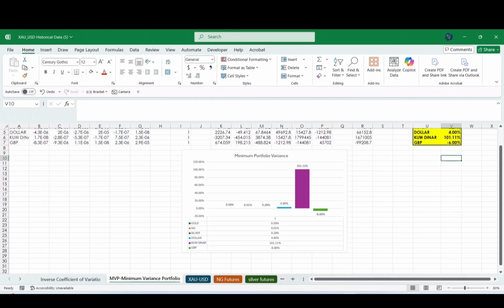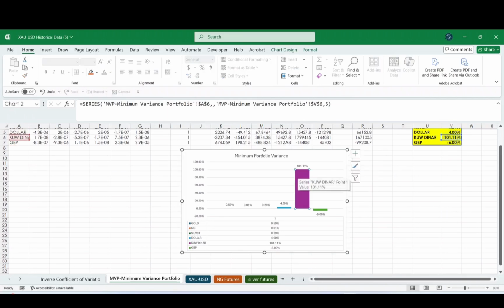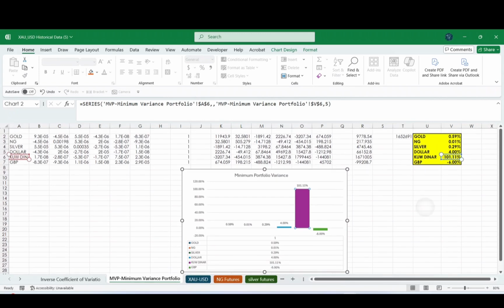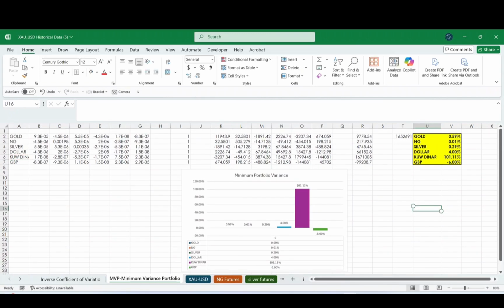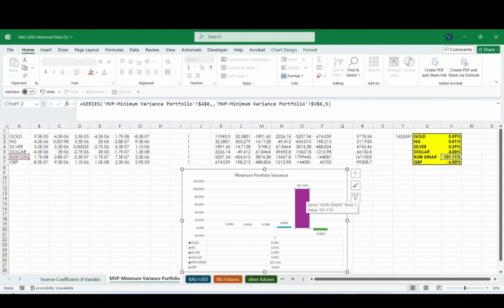This is a graph that shows how I allocate my capital within the assets. So I will have a very overweighted long exposure on the Kuwait dinar because it's the safest asset, a minimal exposure on the dollar at 4%, also a long position, and a slightly higher short selling position on GBP.